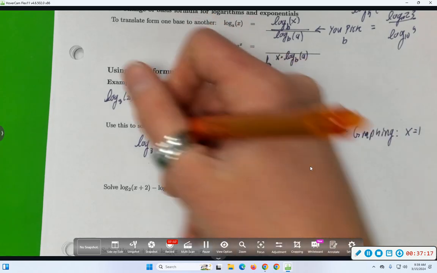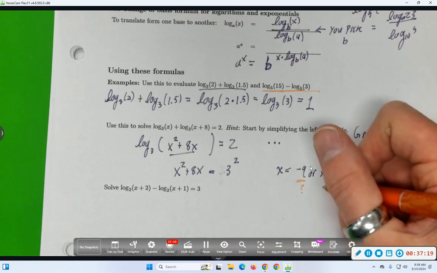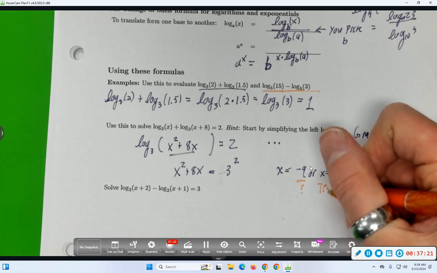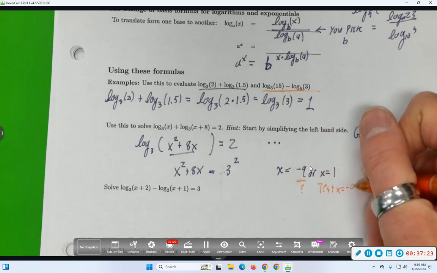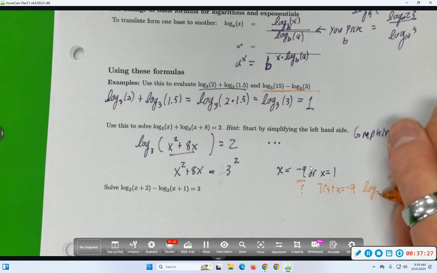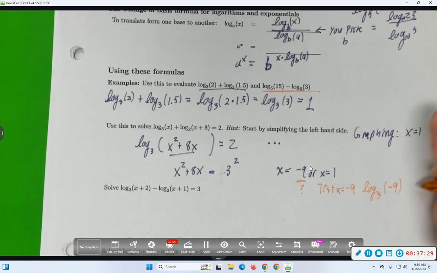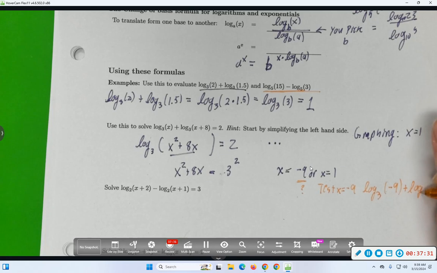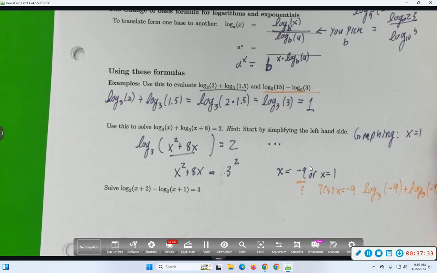So let's try to plug in -9 and see what we get. If we go back up here, let's test x equals -9 and see what happens. We'll end up with the log base 3 of -9 plus the log base 3 of -9 plus 8.